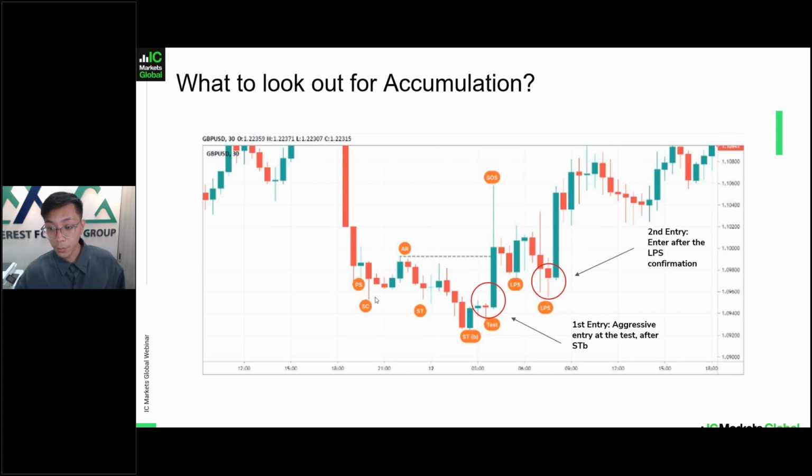So after your selling climax, we have your PS, then your automatic rally. Okay, then you mark out this line right here, this high right here. You have your secondary test, and then after that you have your secondary test B. Then what comes next will be your test. Okay, so right here, let me just, okay, yes.